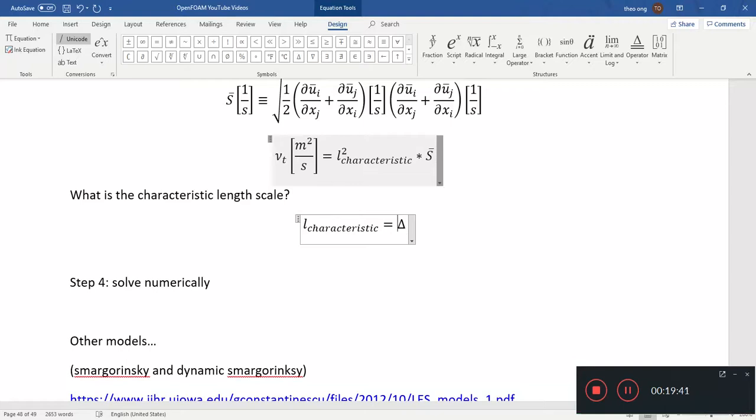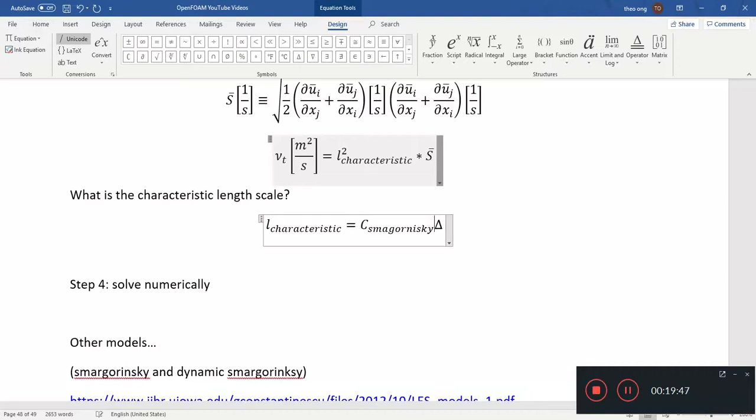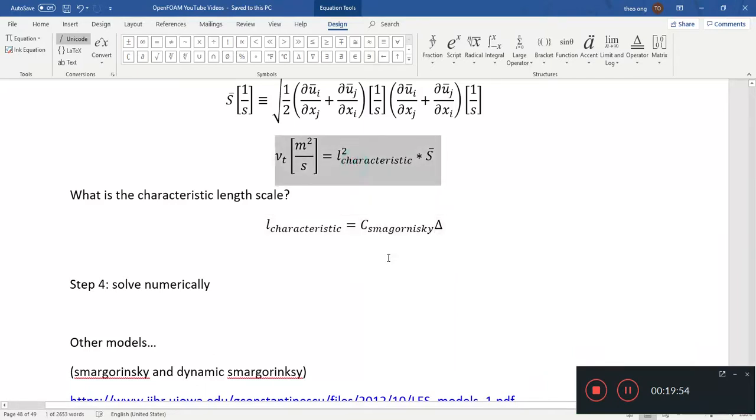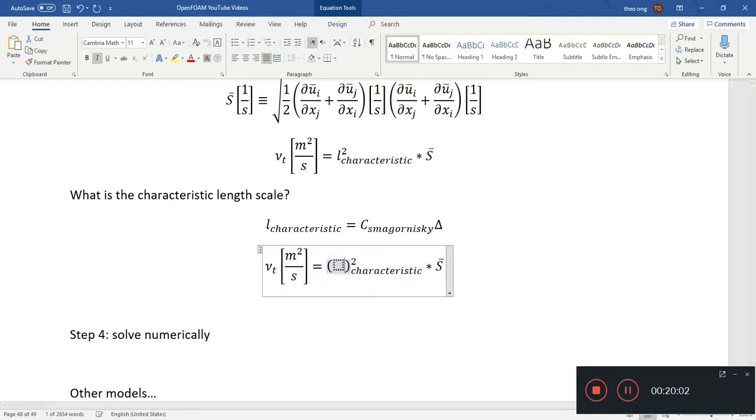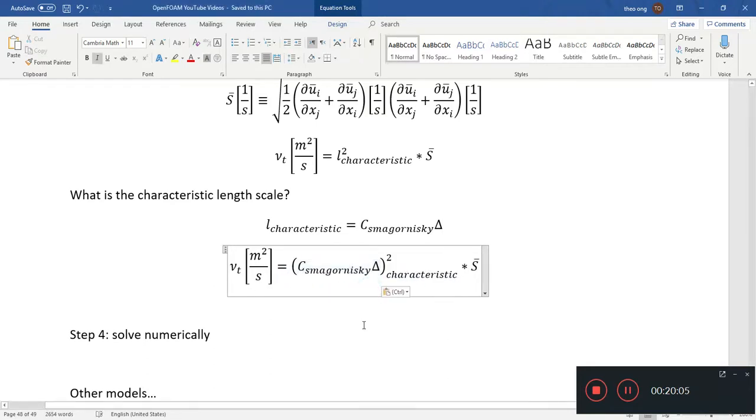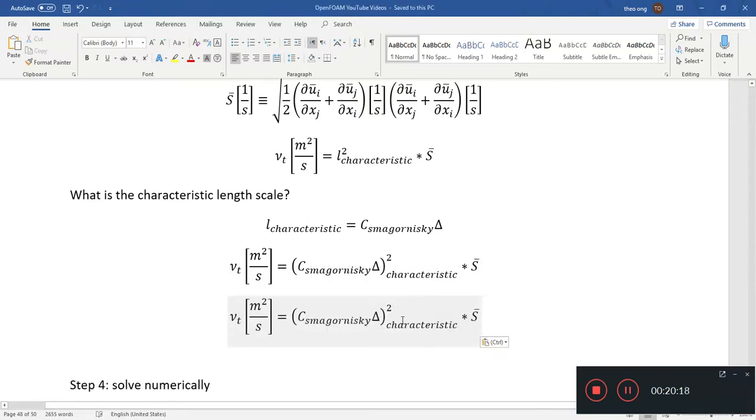Then he puts a constant, the Smagorinsky constant, also known as the Smagorinsky coefficient. When we substitute this back into the viscosity, we get C Smagorinsky times delta squared times S bar. So this is what the Smagorinsky model does for you.